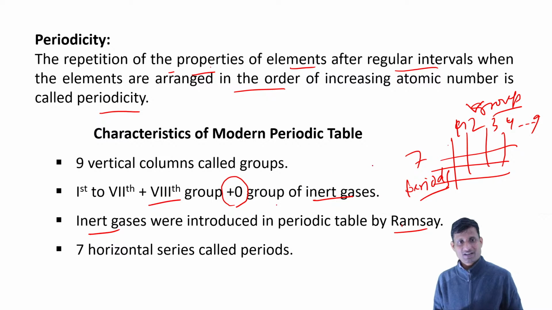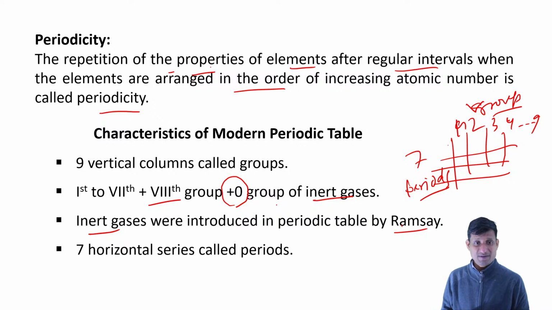So how does the modern periodic table differ from the Mendeleev periodic table? In the Mendeleev periodic table we have eight vertical lines, and in the modern periodic table we have nine. This is a question you may expect in competitive exams: how many groups and periods are present in the modern periodic table?